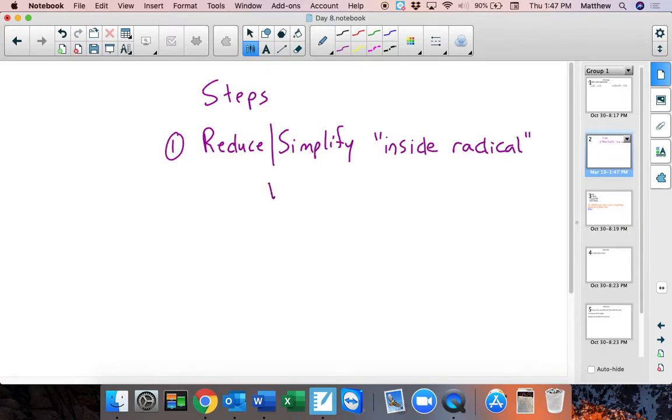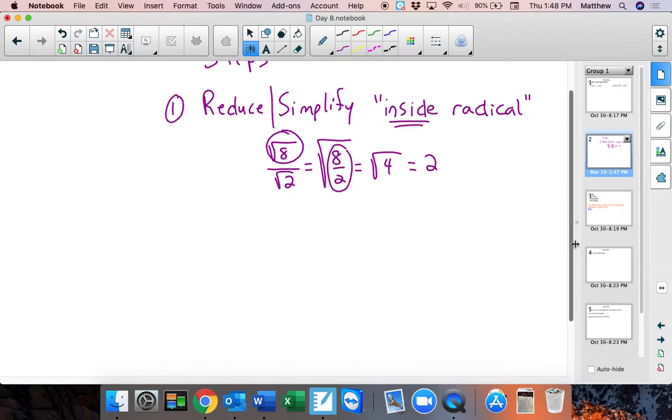Well, if I had radical 8 over radical 2, I could write that as radical 8 over 2, which is radical 4, which is then 2. So you don't need to simplify the actual radical first. If you make a fraction that then can be reduced, you can, that's just an easier way to go about it. So think about inside when we have fractions, reduce or simplify inside the radical.